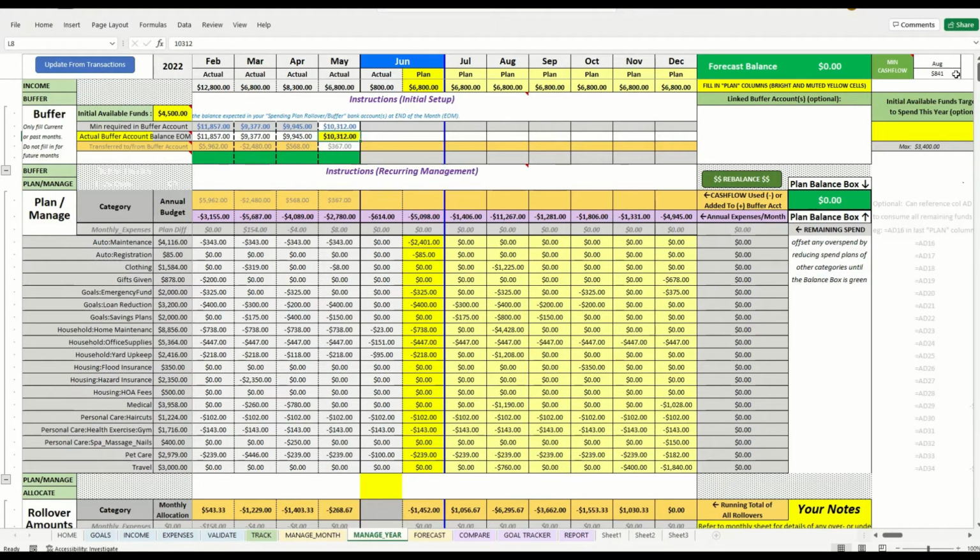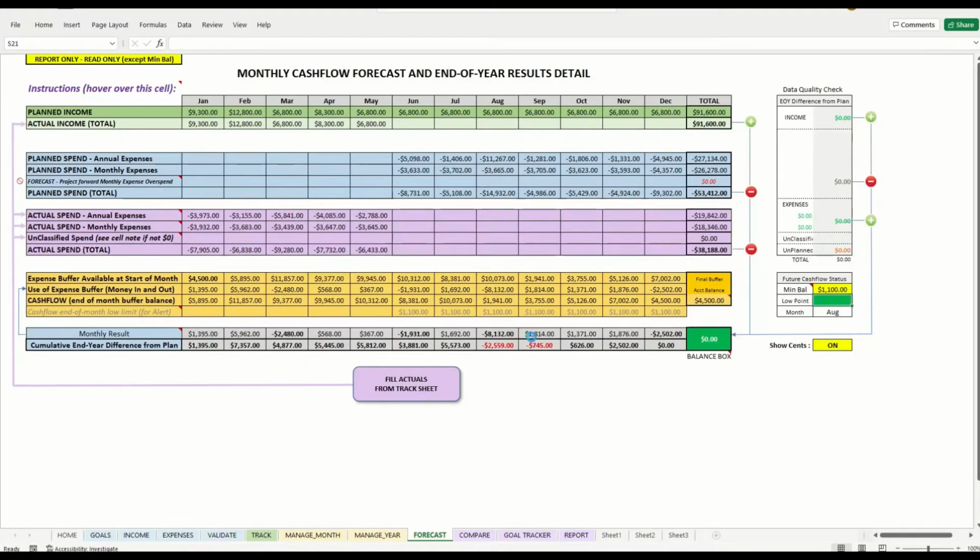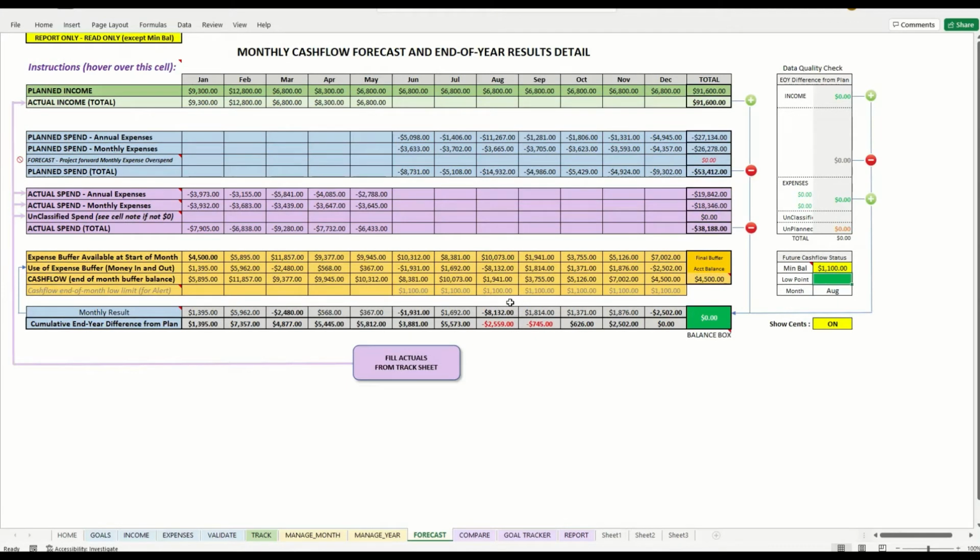So where did that $841 come from? If I look at the cash flow here, you'll see that $841 is the amount I have above my limit. So $1,100 is the minimum I can have, and I have $841 more than that. So 841 plus 1,100 is 1,941.